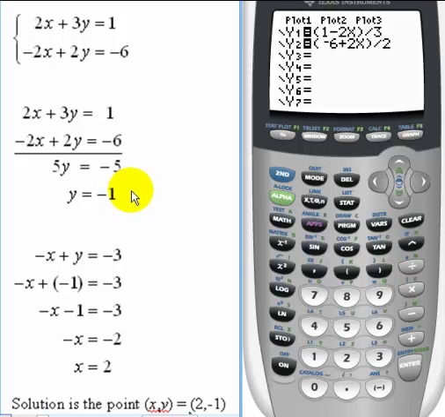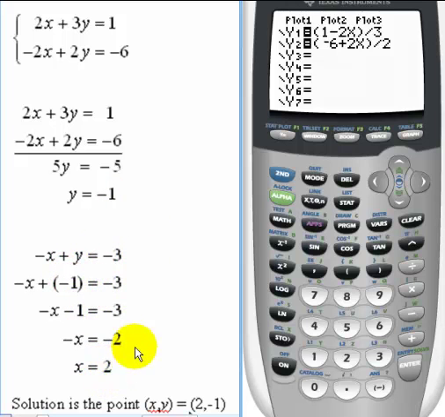So in solving the system of equations, I'm finding out that if y is negative 1, the system is satisfied. But I also need to find the x value that goes with that. So I'm taking the second equation here, where I've divided everything by 2 to produce this equation, and then taking the y value that we found and plugging it in here for the y and solving for x.